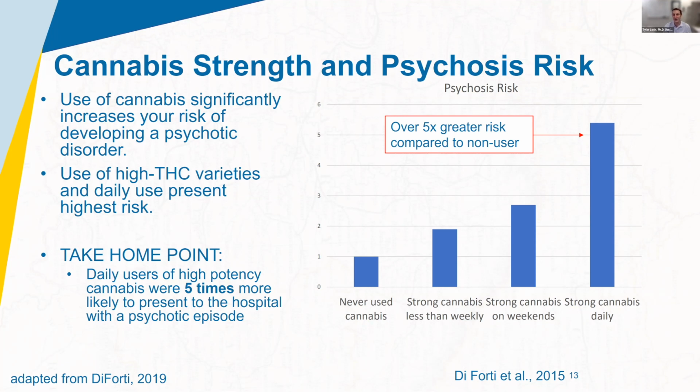And I think what we have to stress to people is: do you really want to risk being that person, right? If you have a family history of psychosis, in terms of a risk benefit ratio, are you getting so much out of cannabis that it's worth it to risk these really adverse symptoms?